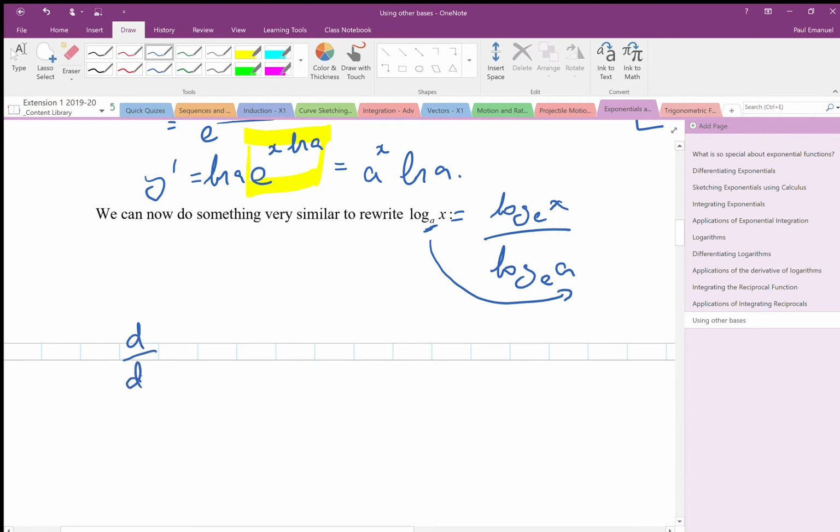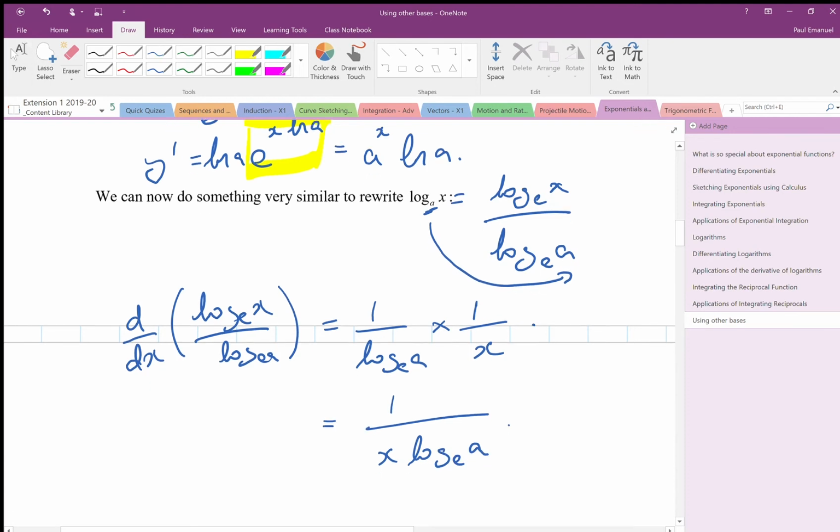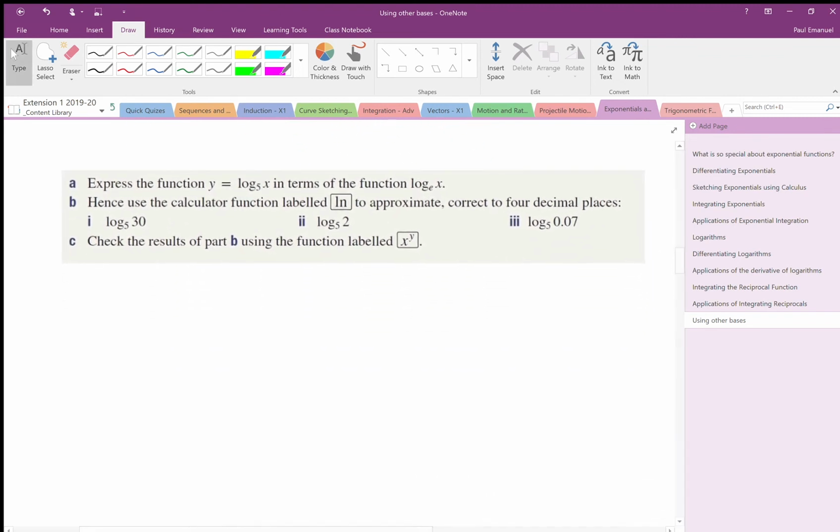And so then the derivative of that, log base e of a is just a number, so it's 1 on log base e of a times the derivative of log x, which is 1 over x. And you can rewrite this as 1 on x log base e of a. Again, not a rule, not something you should memorize, but a method that you should be familiar with.